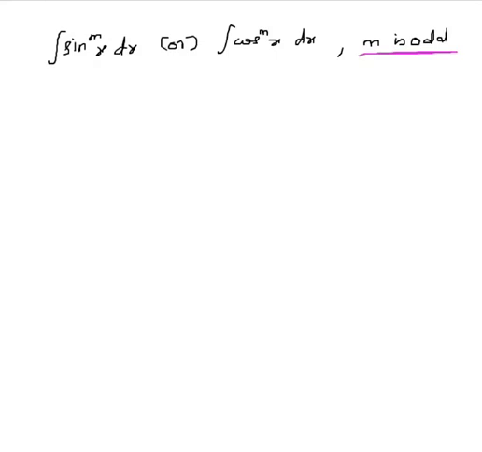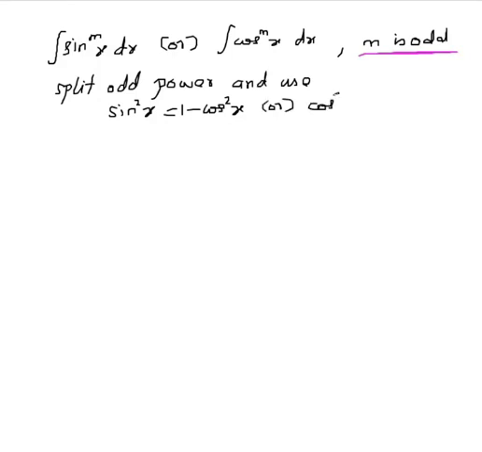Now here m is odd, so split the odd power and use the identity sine square x is equal to 1 minus cos square x, or cos square x as 1 minus sine square x.